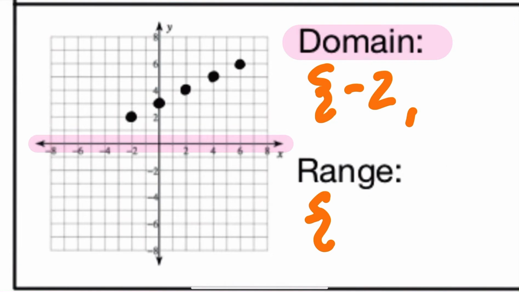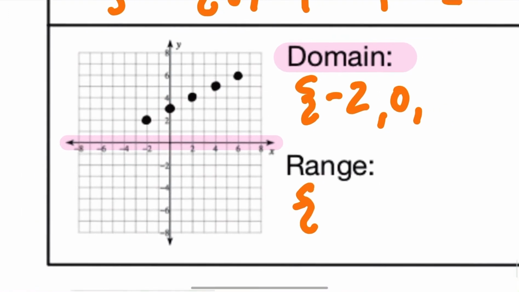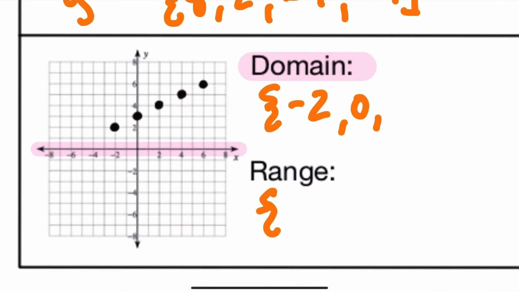I'm going to go to the next dot, do the same thing. Here's my dot. I'm going to go down. That's right on the origin. So there's no number there. That means I'm going to put a 0 for my next one. Here's my third dot. I'm going to go down. That's at 2. So I'm going to put a 2.